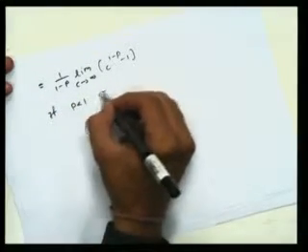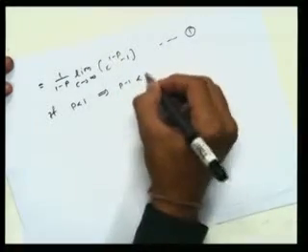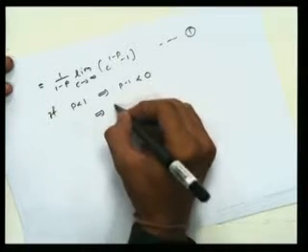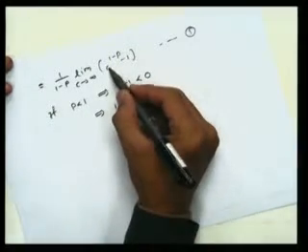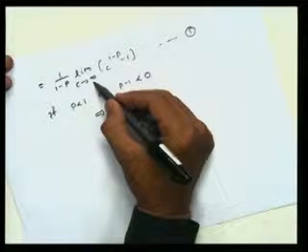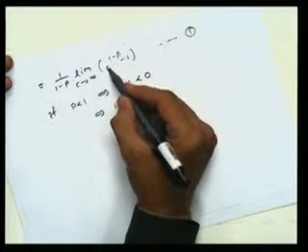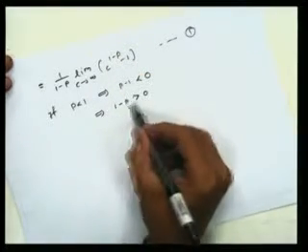This will imply p minus 1 is less than 0, which implies 1 minus p is greater than 0. In the first equation, limit c tends to infinity of c raised to 1 minus p minus 1, the power of c, that is 1 minus p, is greater than 0 for this case.